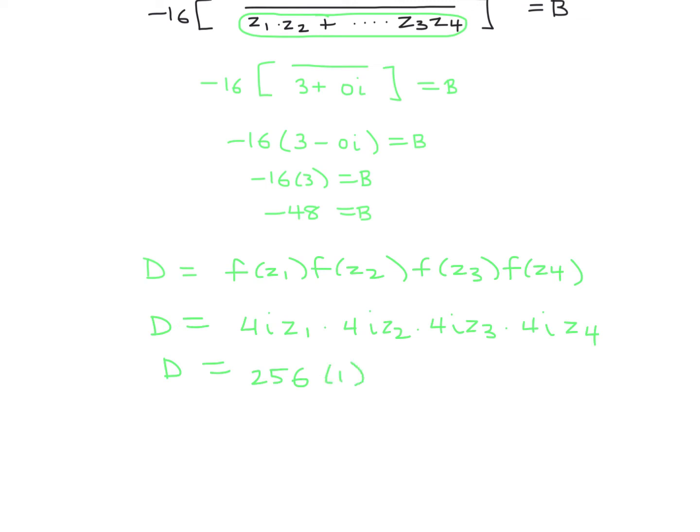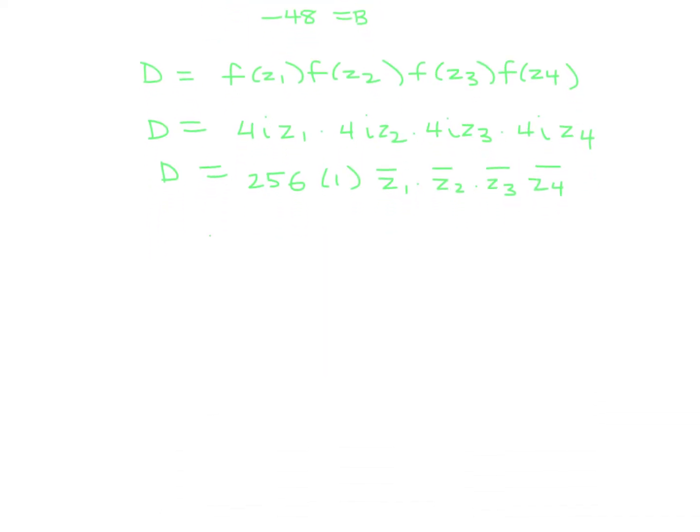And then we've got this z1 times z2 times z3 times z4. But all of these are conjugates. Correct? And then we use that law again. z1 times z2 times z3 times z4, all conjugate. This product here we already figured out, just this guy right here.